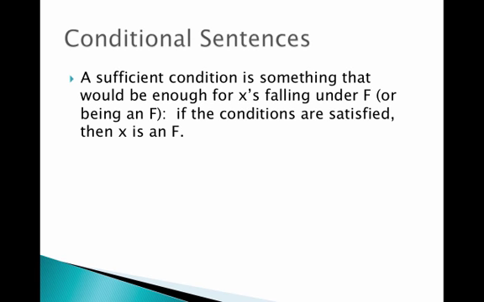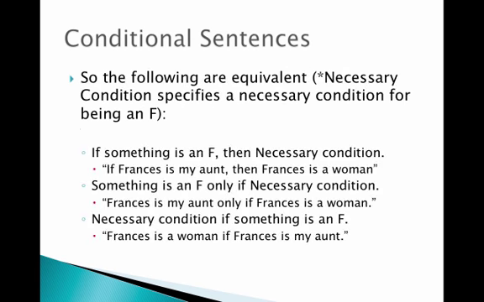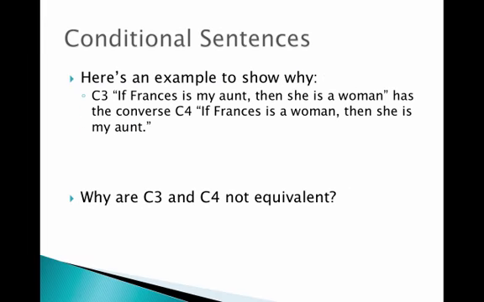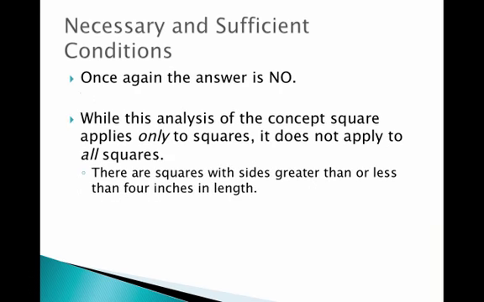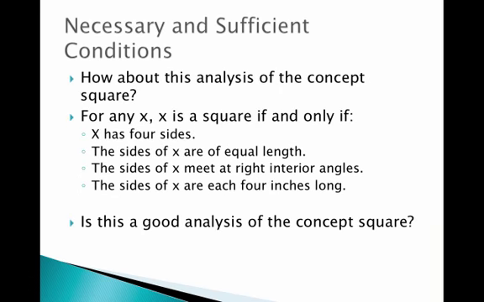A sufficient condition for being a square would be the one I gave before. These four conditions combined express a sufficient condition for X being a square. If these four things are true of some shape, then that is sufficient for that shape's being a square.